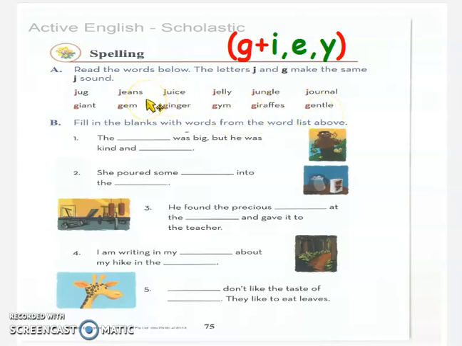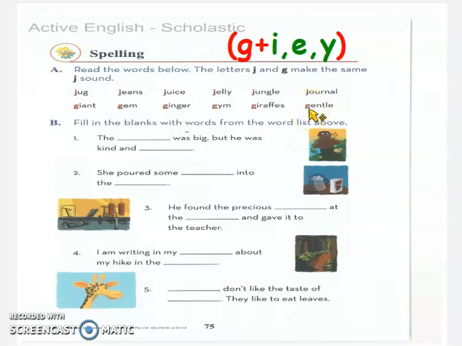Okay, my students, I will repeat these words and please try to repeat after me. Jug, jeans, juice, jelly, jungle, journal, giant, gym, ginger, giraffes, and gentle.